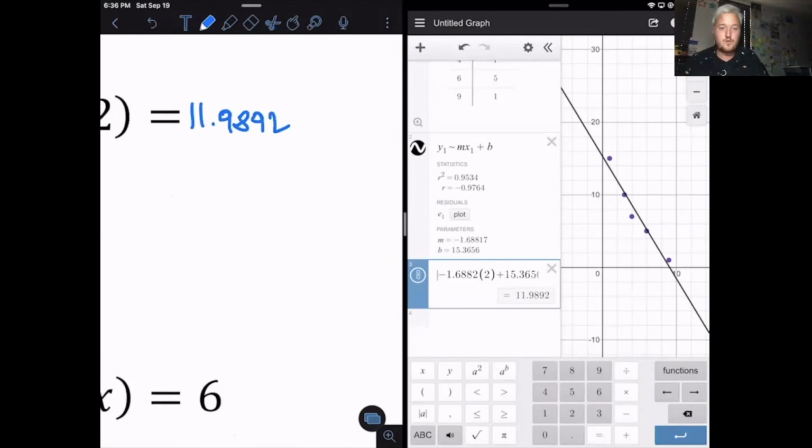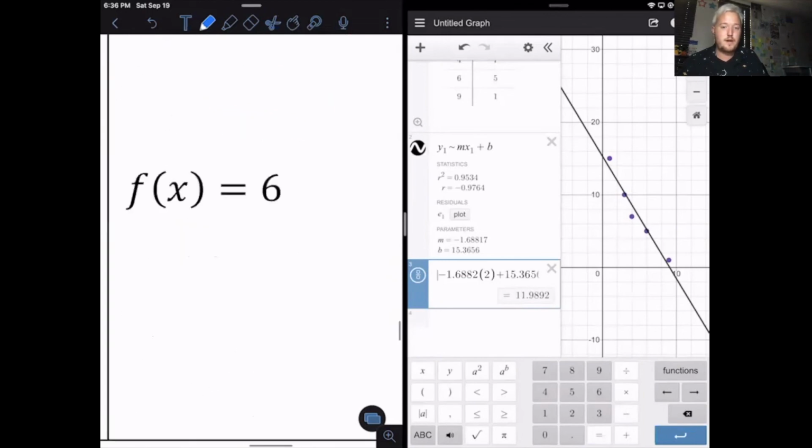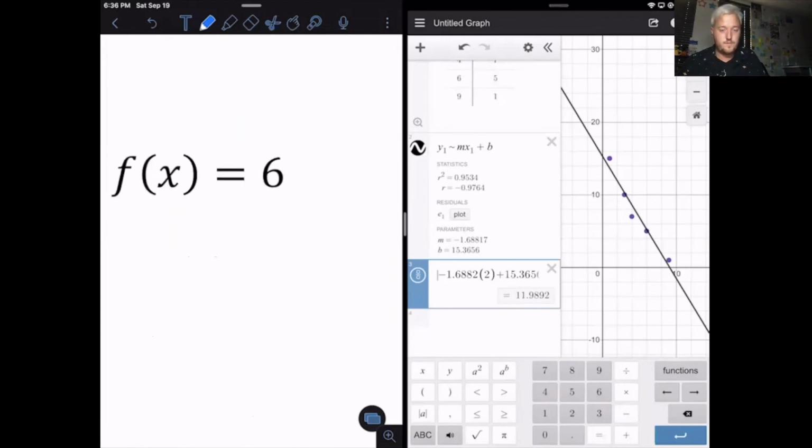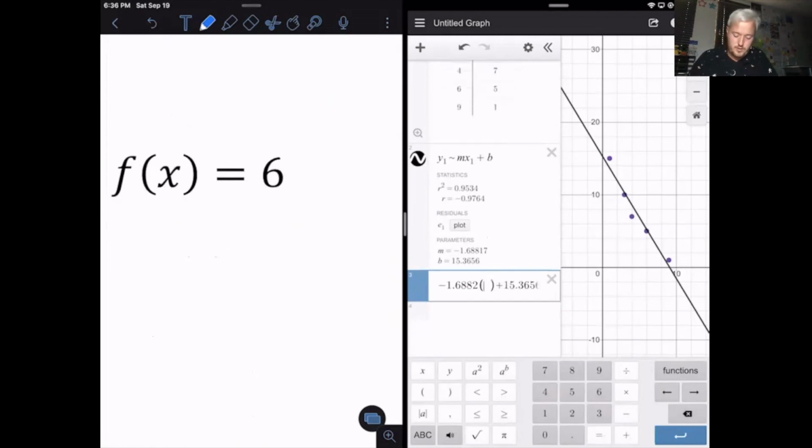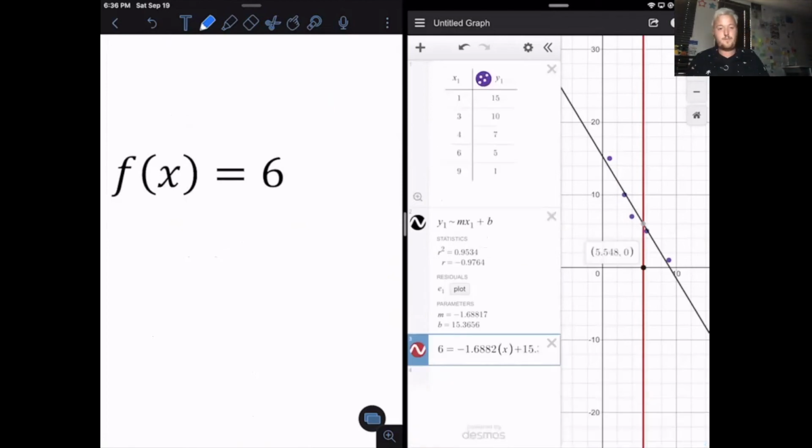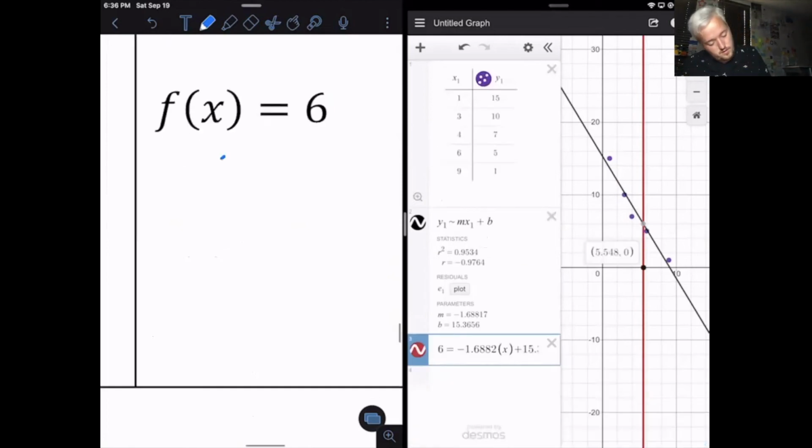We plug in 2 for our x value here. And now I want to set it equal to 6. Over here, change that 2 to an x. Then over here, you can say 6 equals. Oh, that's a y. That should be an x. There we go, 5.548.